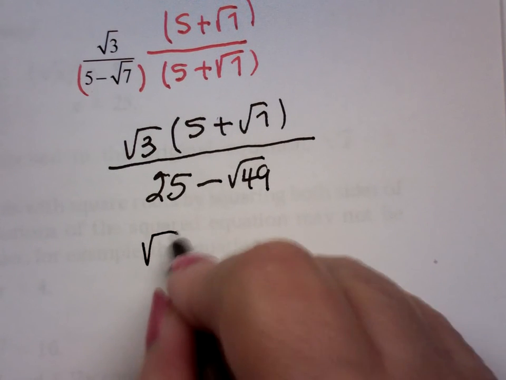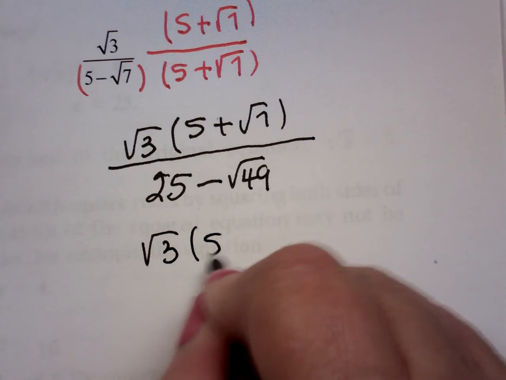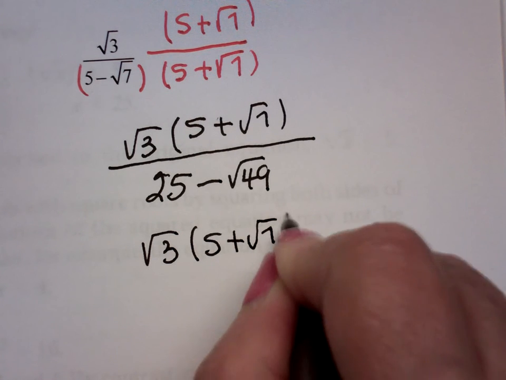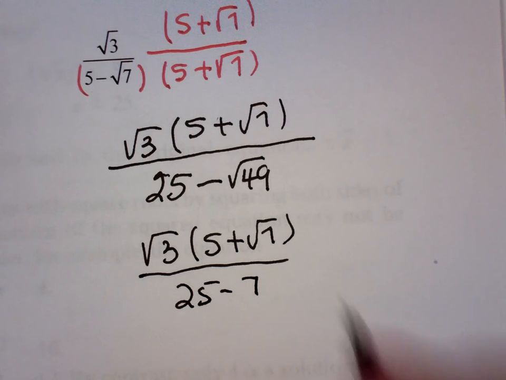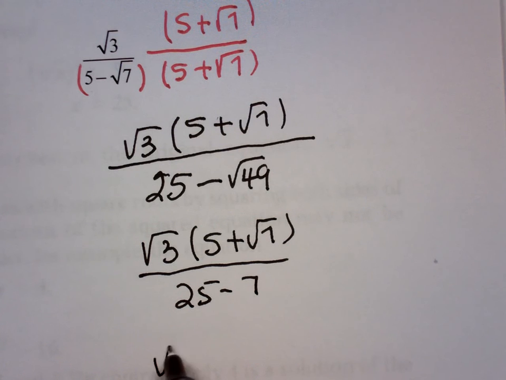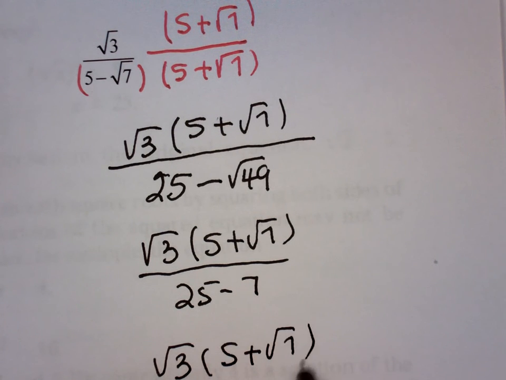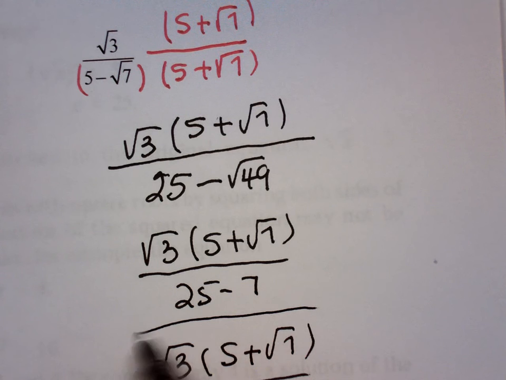Which is the square root of 3 times 5 plus the square root of 7, over 25 minus 7. 25 minus 7 is 18. Nothing reduces, so I would stop right there.